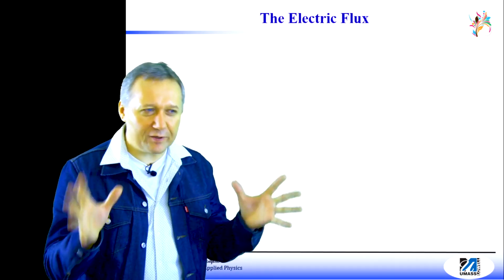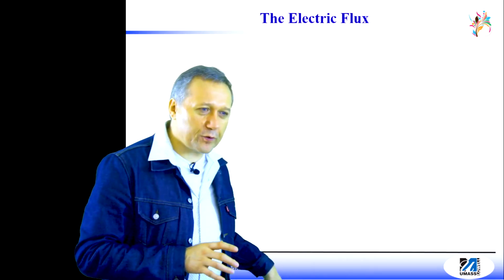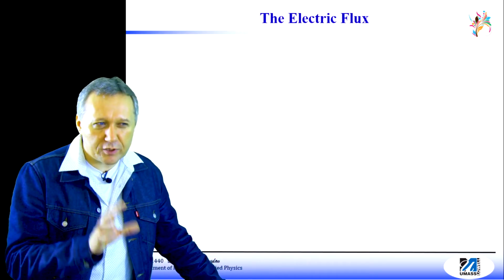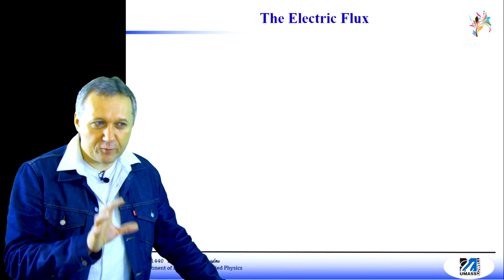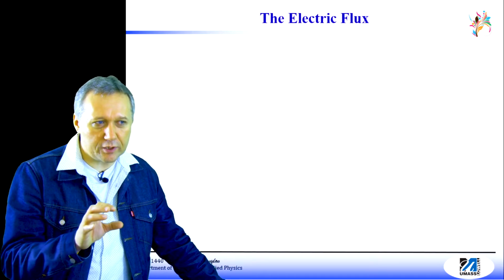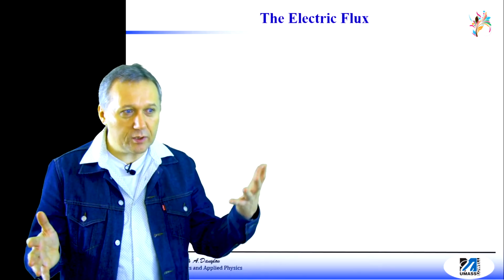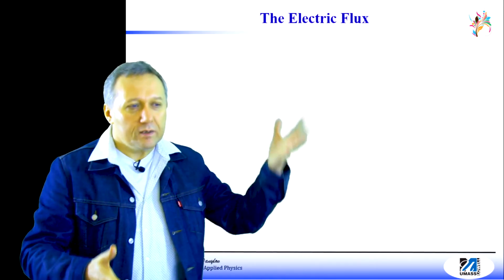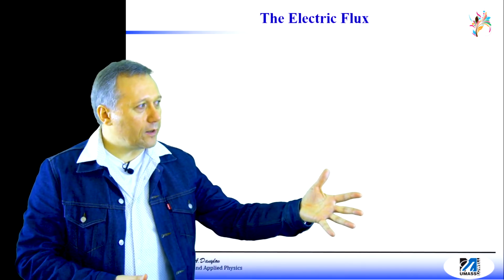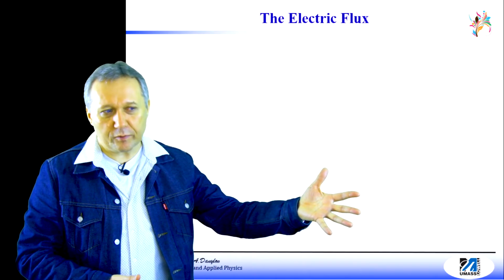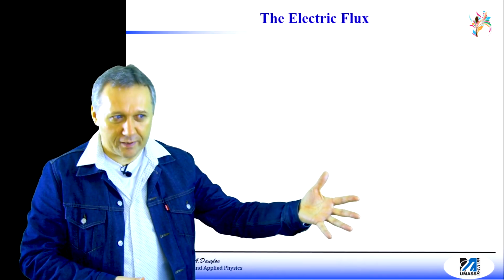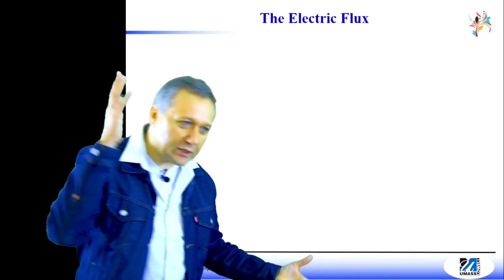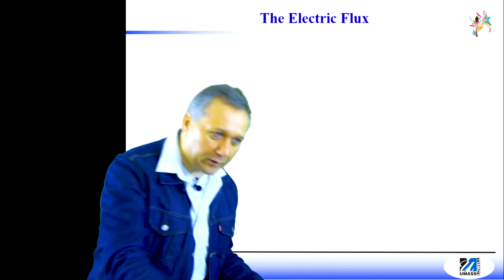It's basically the same definition, but let me first give you the expression for the simplest possible situation. What do I mean by situation? It means that we need to have some surface and we need to have electric field. The simplest possible form of the electric field: uniform electric field. Simplest possible surface: a flat one.